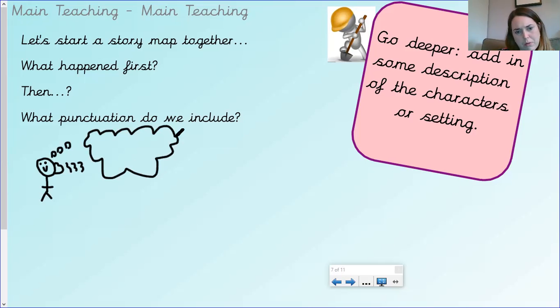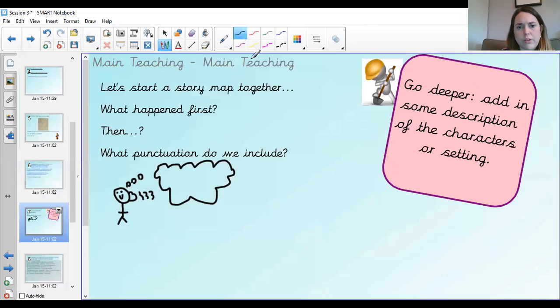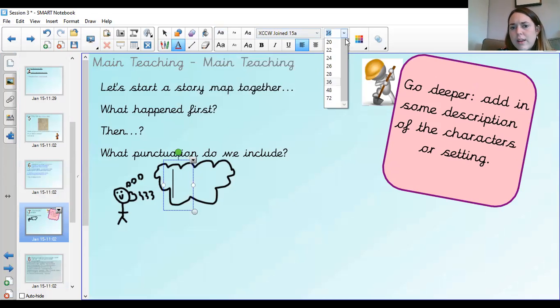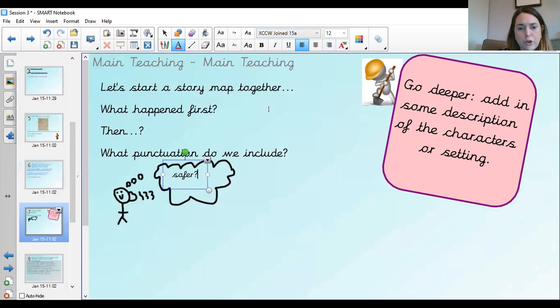Through my thought bubble. And then I'm going to write the word safer, question mark, could anywhere be any safer? And could anything be more beautiful?